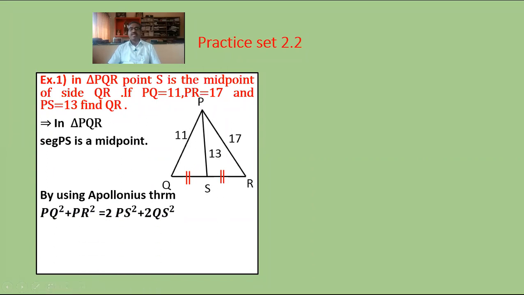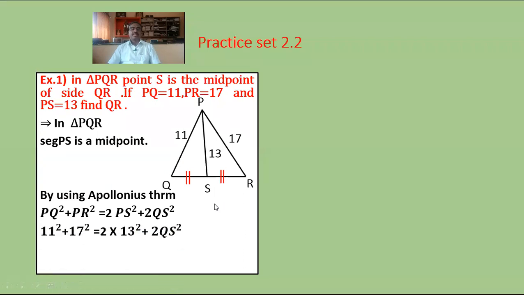Therefore, by using Apollonius theorem, sum of squares of the remaining two sides, PQ square plus PR square, is equal to 2PS square plus 2QS square.